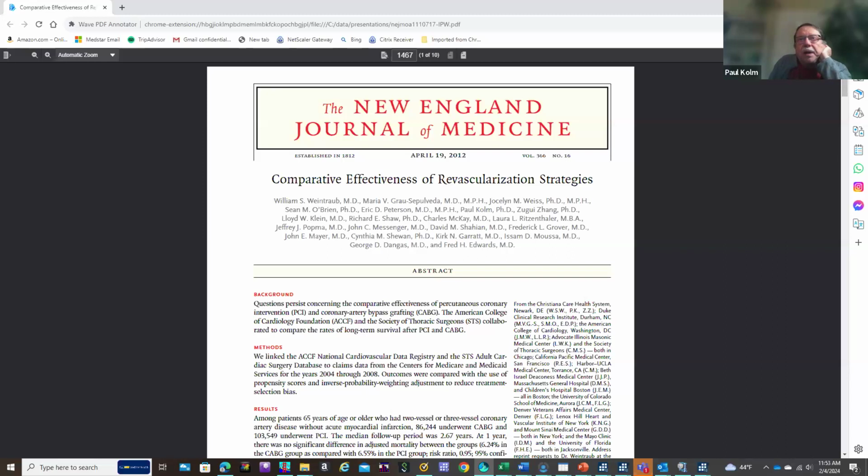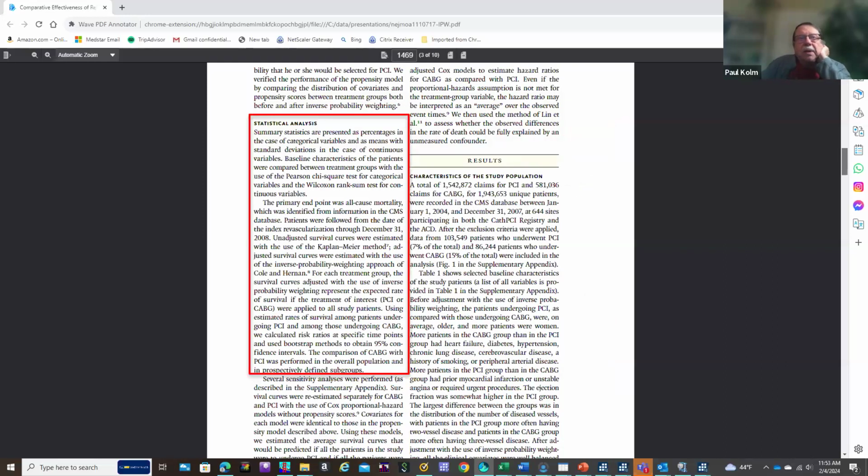And so even though the statistical analysis is fairly straightforward, by using the Cox model to look at variables that are related to the outcome, which in this case is all-cause mortality, we first needed to somehow equalize the groups because obviously they're coming from different databases, different populations.